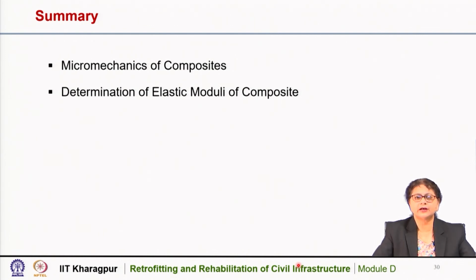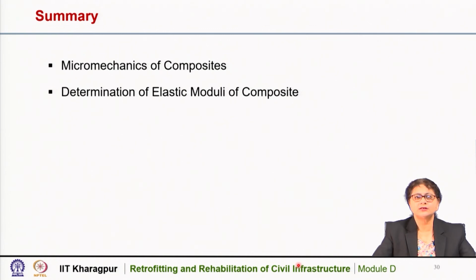The fiber volume fraction plays a significant role in determining the properties of the composite. If the fiber volume fraction is high, that means the amount of fiber is high in a composite, the property of the composite also is better. So, the superior property of the composite is mainly due to the amount of fiber present in it, and also it depends on the elastic modulus of the fibers and the matrix.